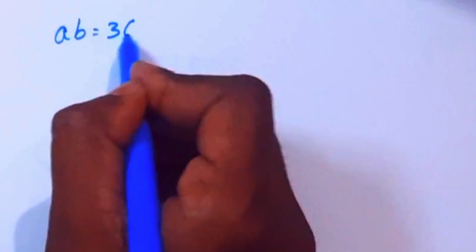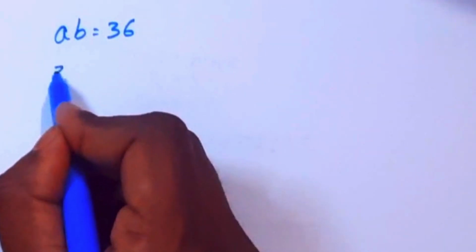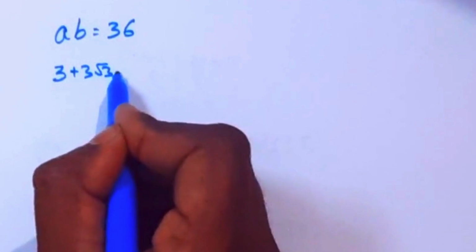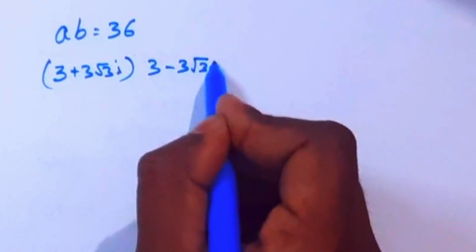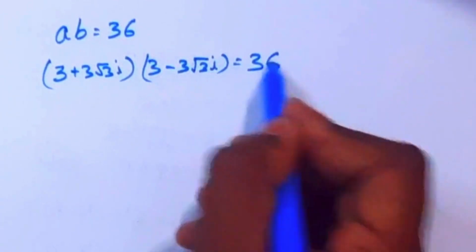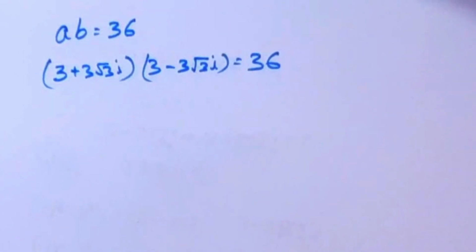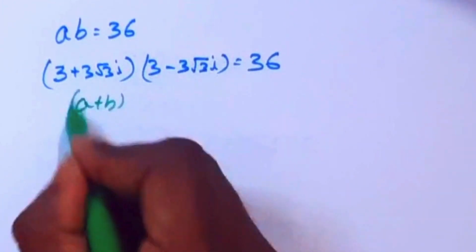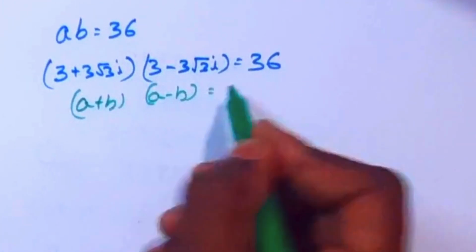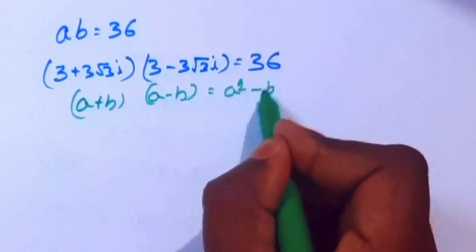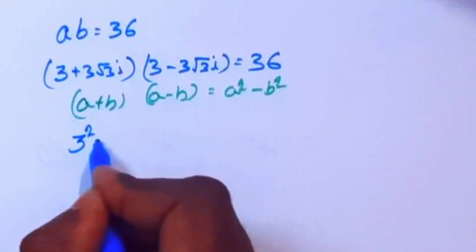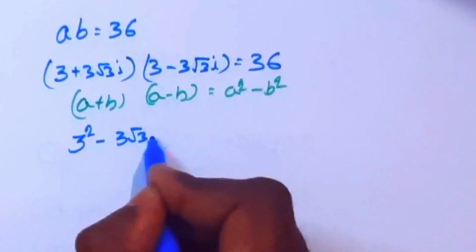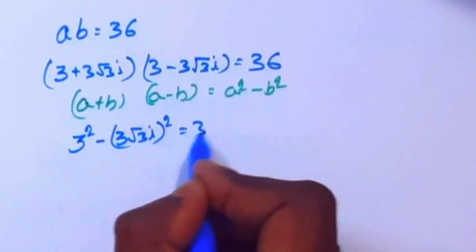Now ab equal to 36. Now a equal to 3 plus 3 square root of 3i, times 3 minus 3 square root of 3i equal to 36. Now we know this formula: a plus b times a minus b equal to a square minus b square. We are going to apply this here. So we'll get 3 square minus 3 square root of 3i whole square equal to 36.